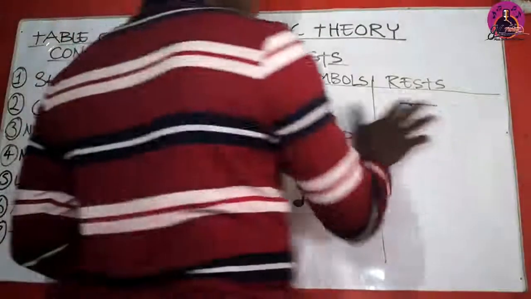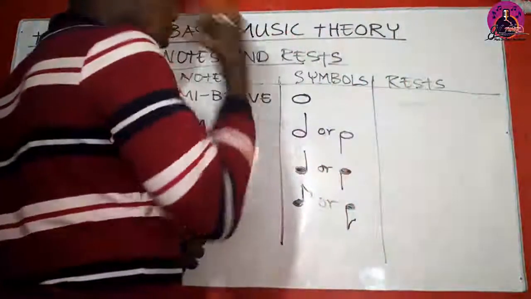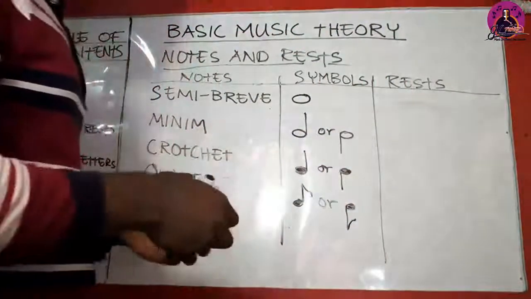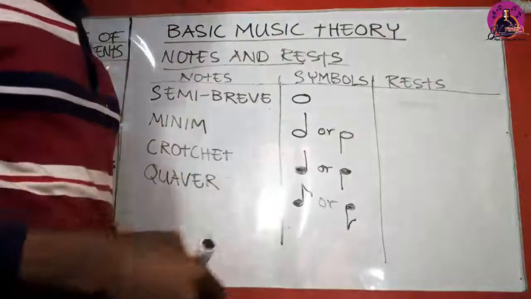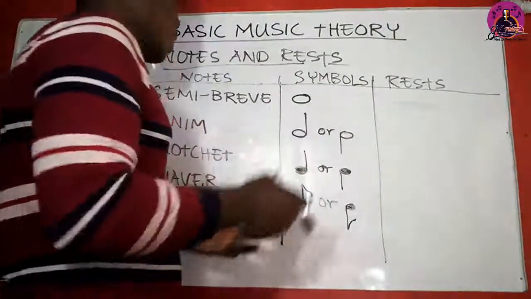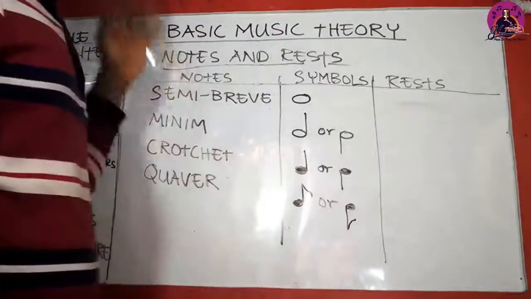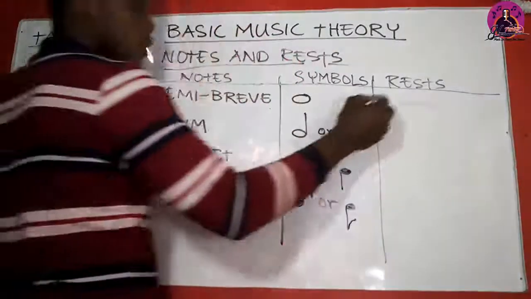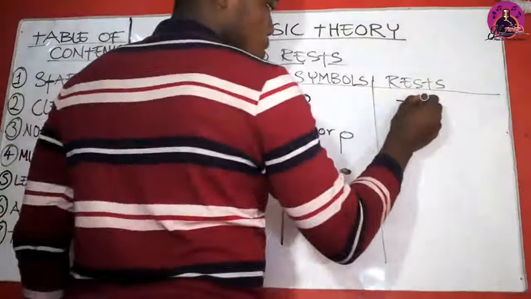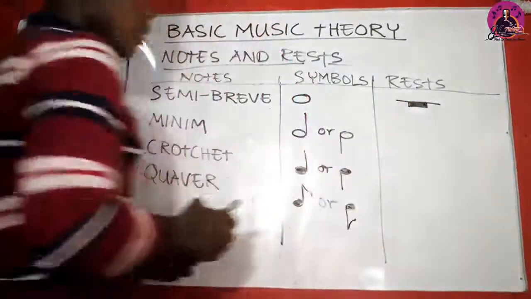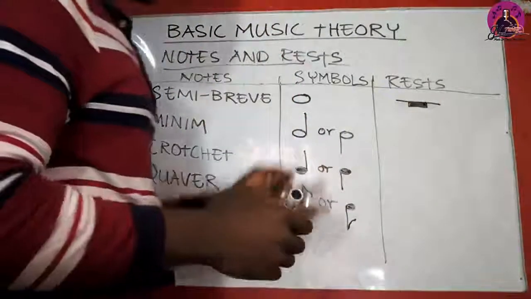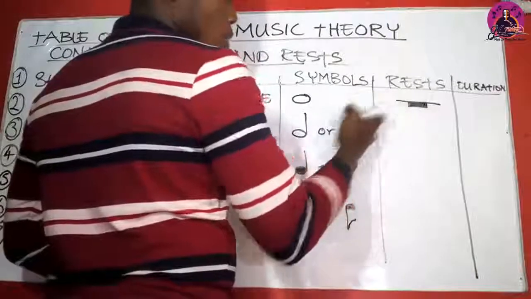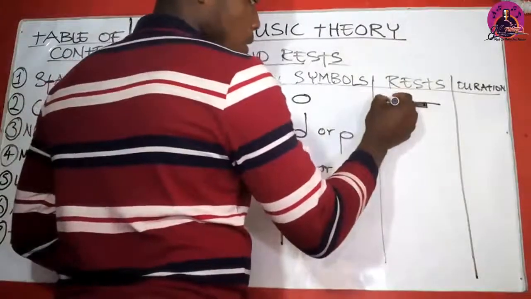Now the next thing is the rest. We have rest, musical rest, which is a period of silence in music. Okay, there is an equivalent rest for each note here. Now for the semibreve, the rest looks like this. It means that you should keep silent for a period of time. This box is placed on the fourth line of the staff.